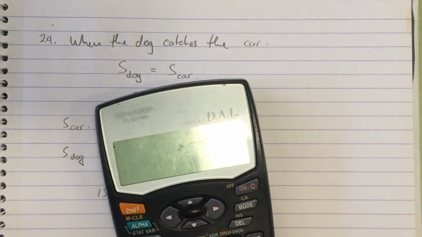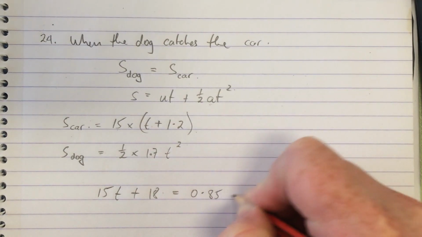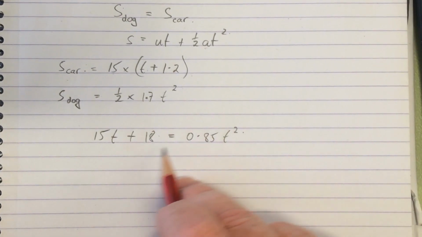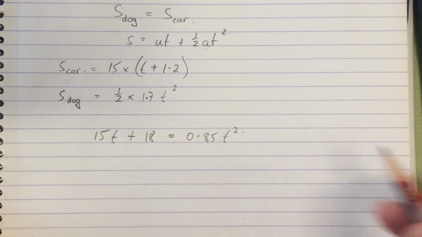So a half times 1.7 is 0.85 t squared. So now what we can do is recognize that this is actually a quadratic equation.